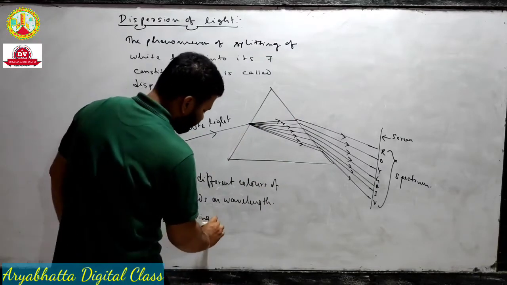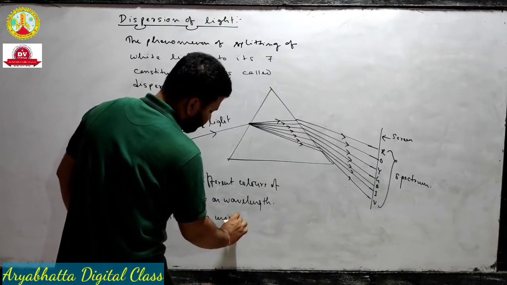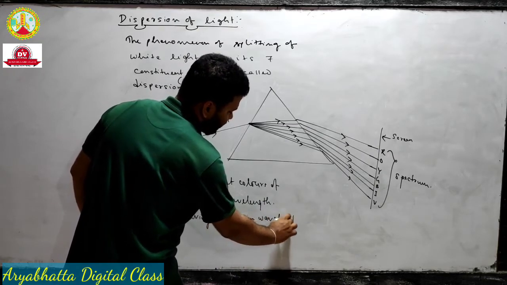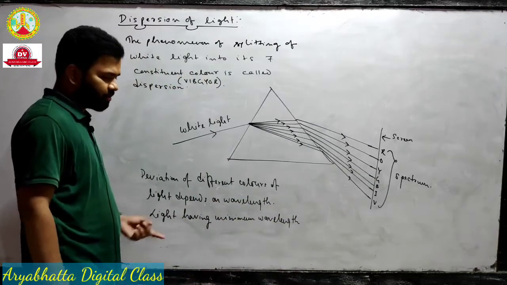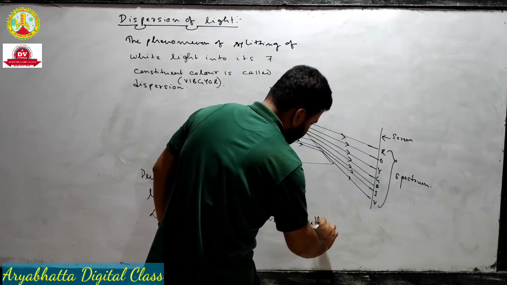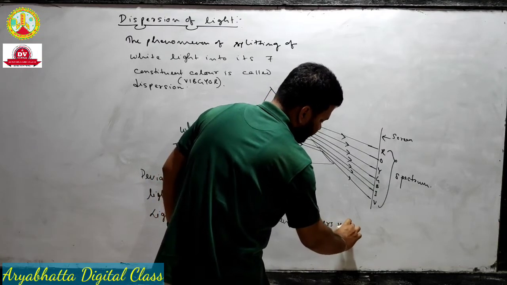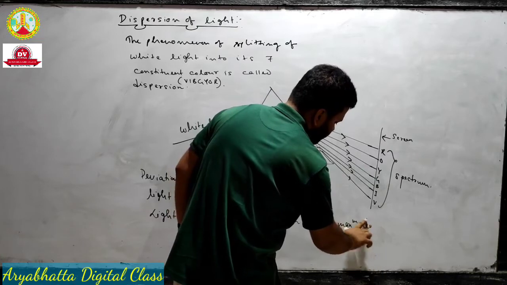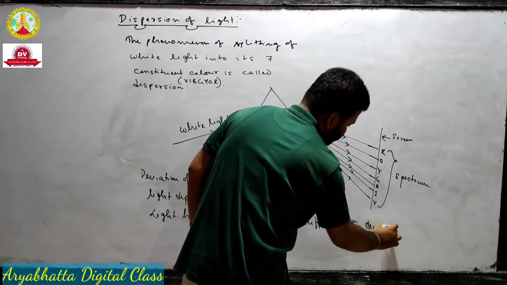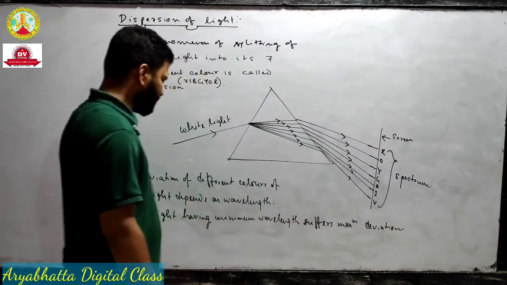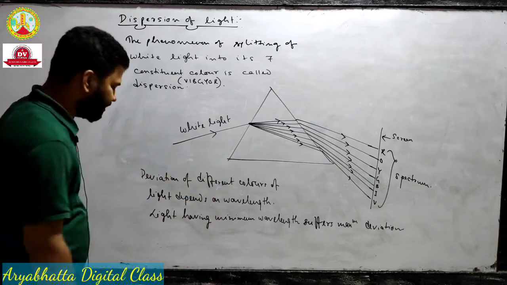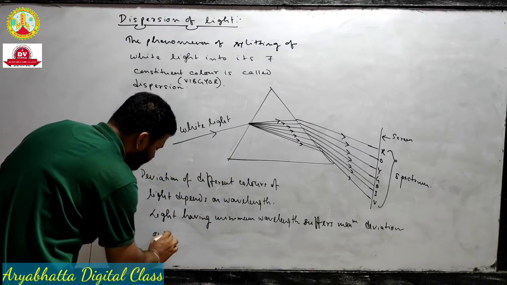So light having minimum wavelength suffers maximum deviation, and vice versa. Vice versa means light having maximum wavelength suffers minimum deviation.